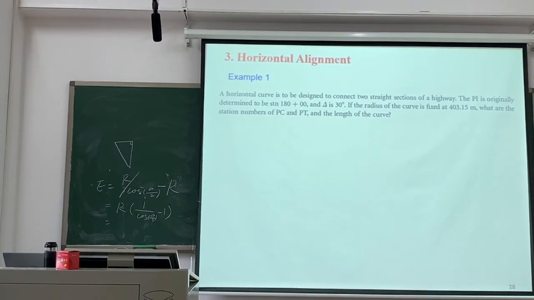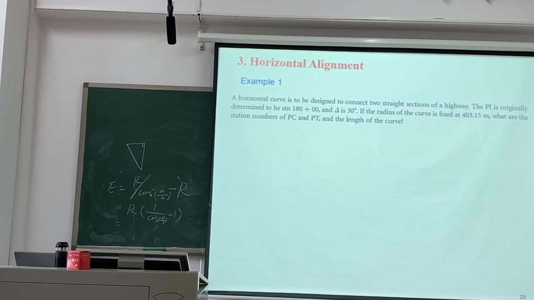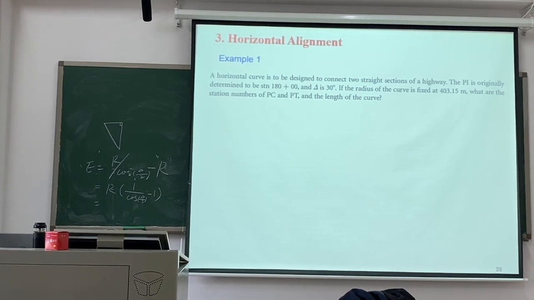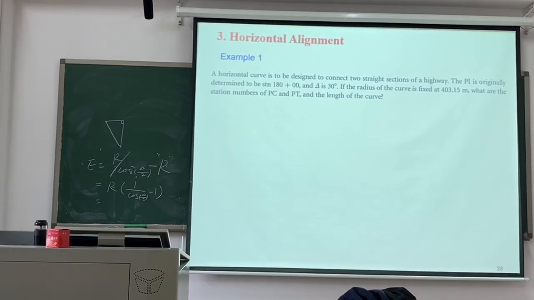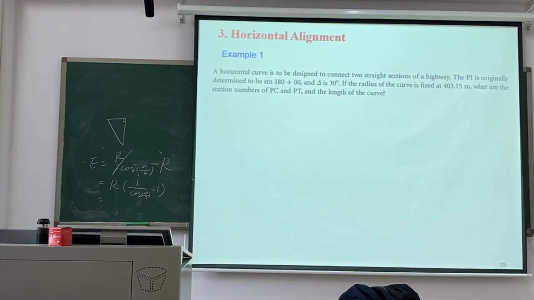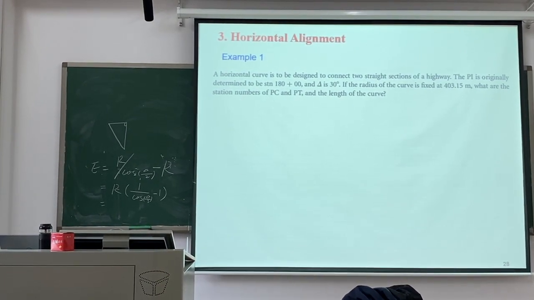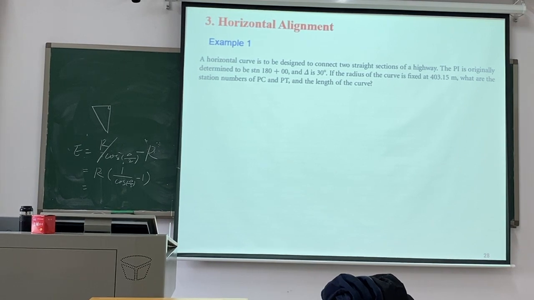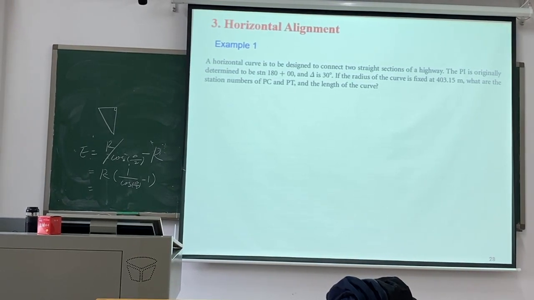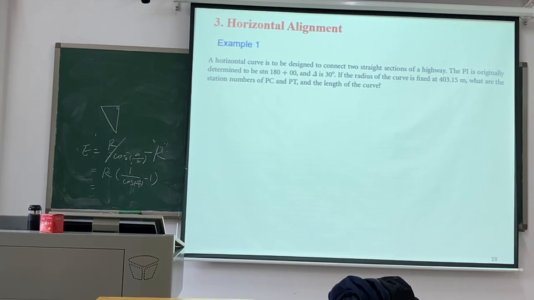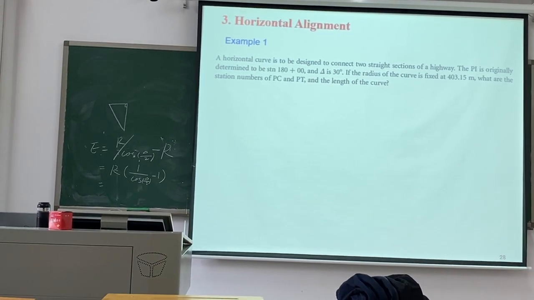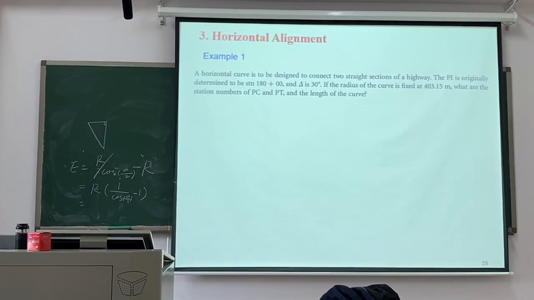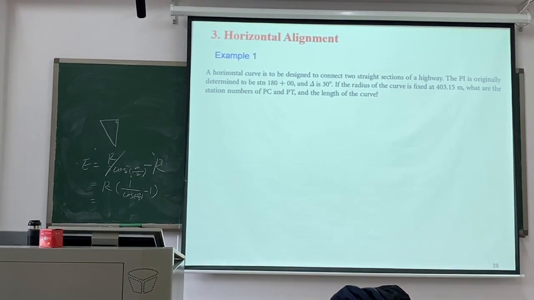We can just let DS, DC be the same thing. PI is the point of intersection.